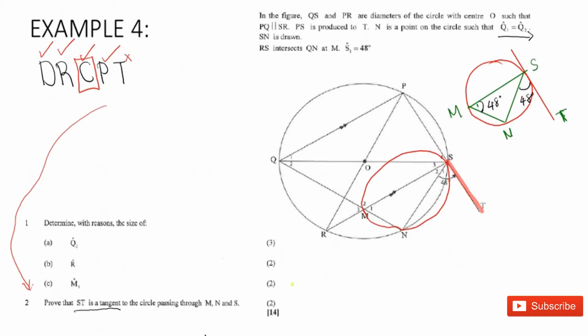So we've basically proven that ST is a tangent to the circle because we applied the knowledge that we have about the tan chord theorem, that if you have an angle that is formed by a chord and a tangent, then that angle will be equal to an angle in the alternate segment, which is that M1, which is equal to 48 degrees. So therefore, that does prove that ST is a tangent that passes through points M, N, and S.